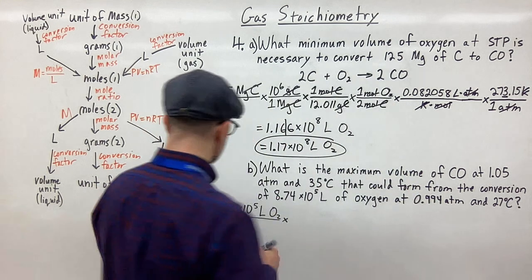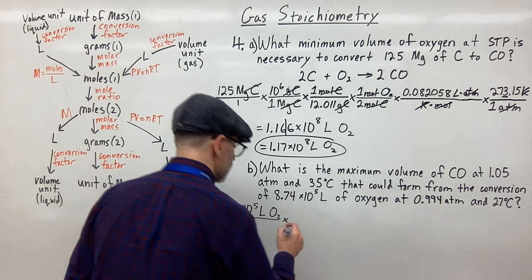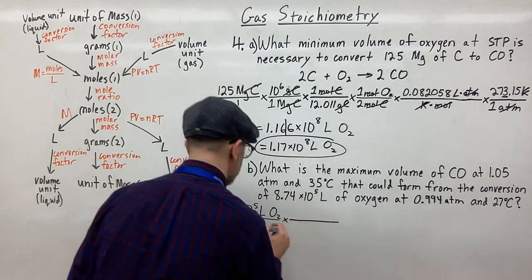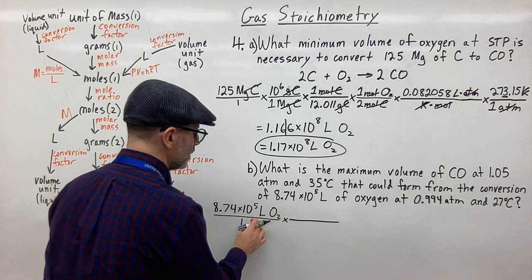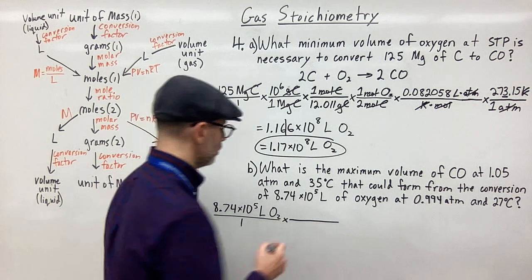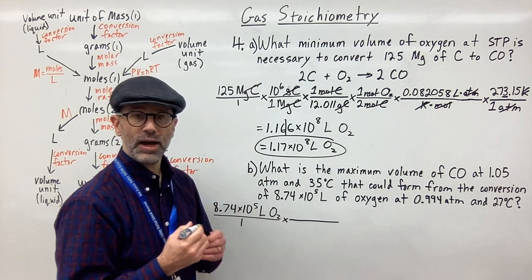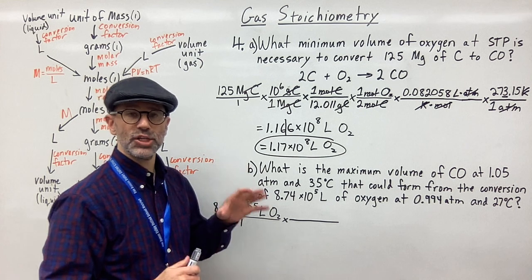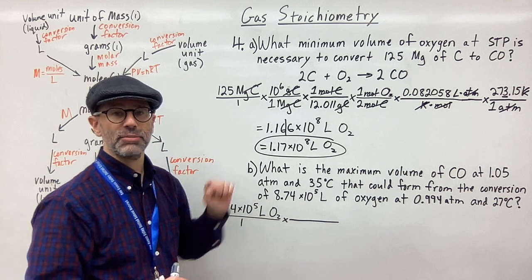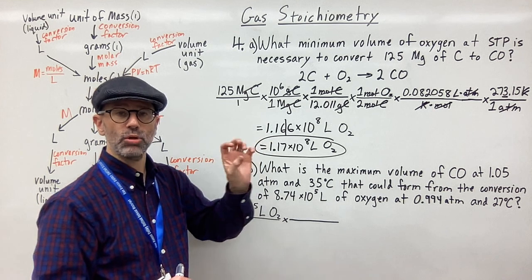So let's go ahead and do this. So here we got liters on the top, so we want liters on the bottom for R. So remember, the R value we're going to use is 0.082058 liter atmospheres on top divided by mole Kelvin.